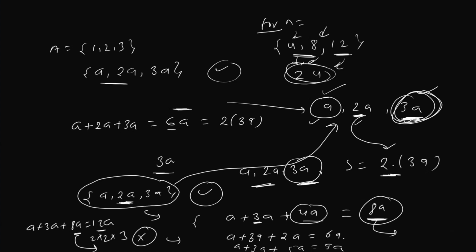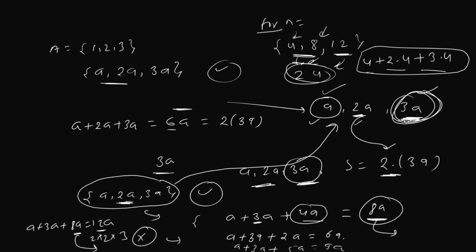So we get a 2 as a factor in the sum, and it is all divisible by each element. Okay, so this was the case.